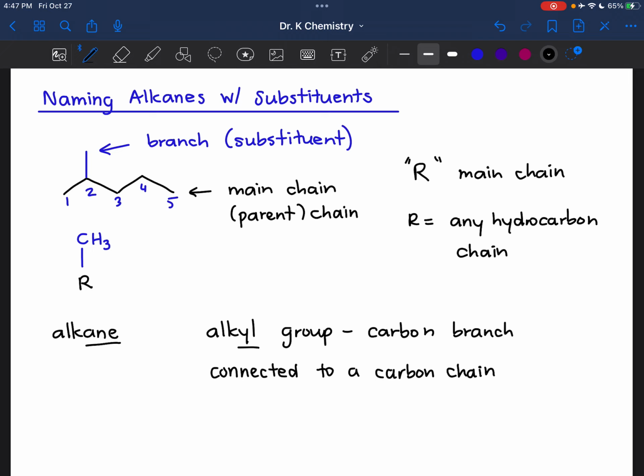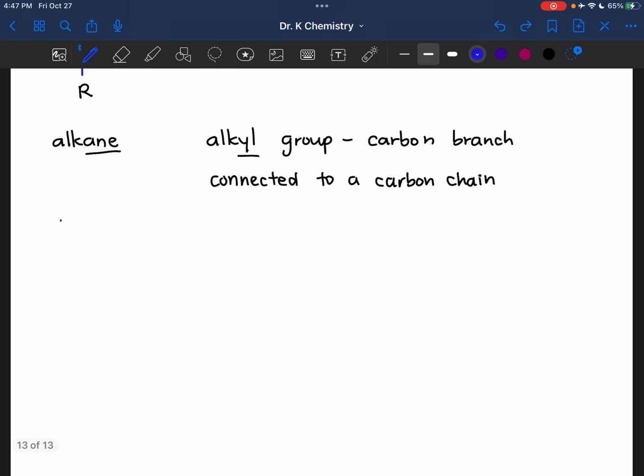And just like with all of the other organic chemistry naming, we're going to change the ending to represent the fact that this branch is attached to something else. And we'll use the same prefixes we have been using to indicate how many carbons are in that chain. So let's take a look at our alkyl nomenclature. You'll find that it's very repetitive.